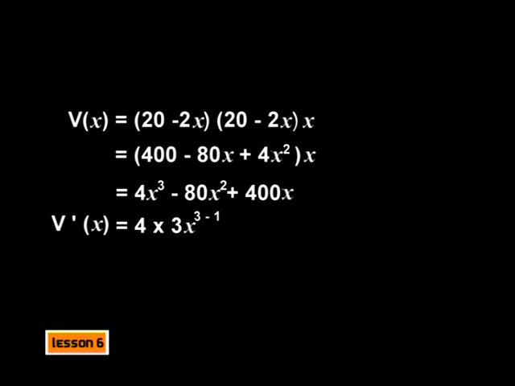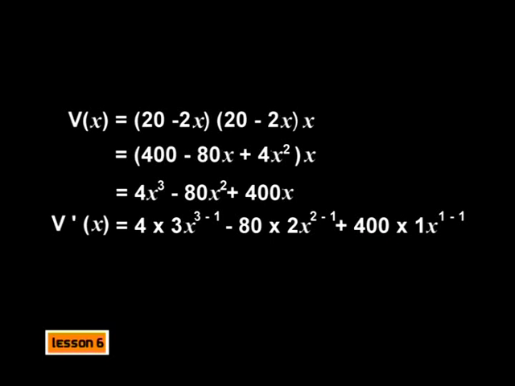So I'll write v dashed of x equal 4 times the exponent, which is 3, times x to the power 3 minus 1, which is 2, minus the 80 here, multiplied by the exponent, which is 2, times x to the power 2 minus 1, which is just x, plus 400, times 1 times x to the power 1 minus 1, which is x to the 0, making the last term of the derivative just 400.